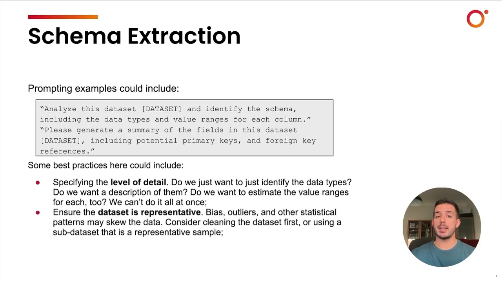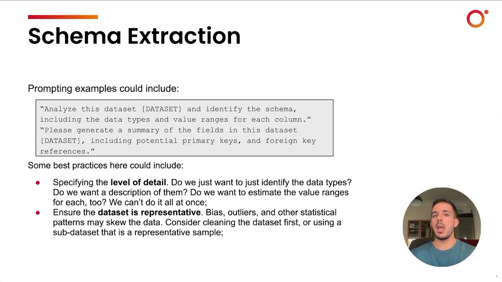And another good practice is ensuring that the dataset is representative, right? Because biases may exist, outliers may exist, and we may have other statistical patterns that may skew the data, right? So you want to consider cleaning that dataset first, or using a sub-dataset that is a representative sample. Or you can even combine this with the generative AI use case that you have, right? You can ask the same LLM to first clean a dataset and remove the bias and then detect the structure.